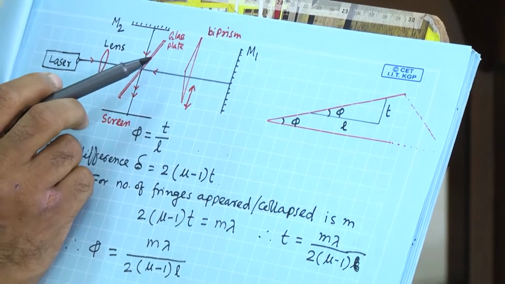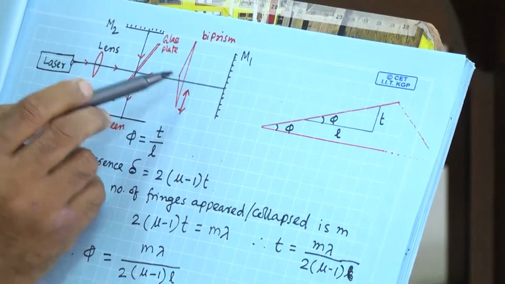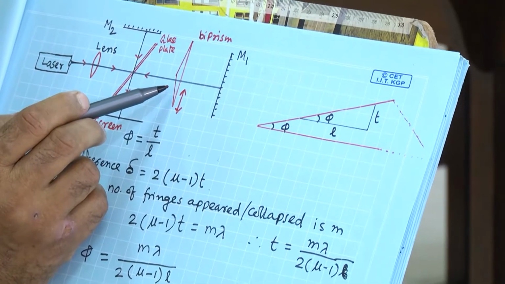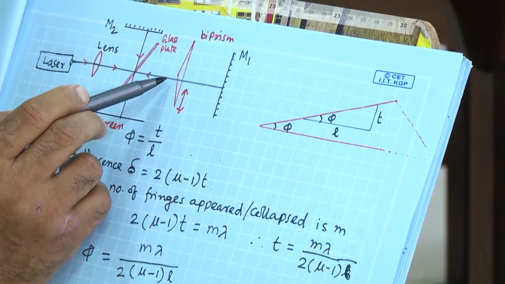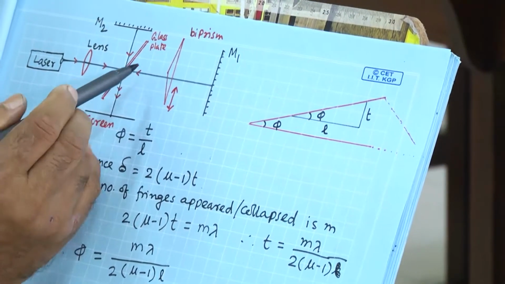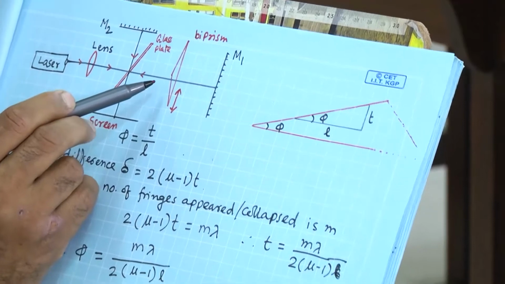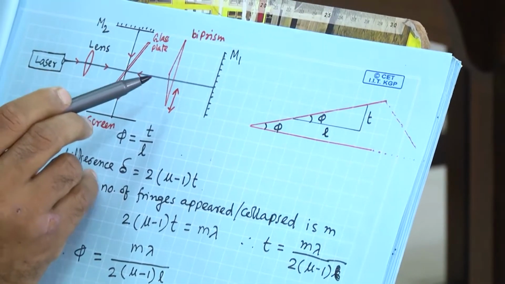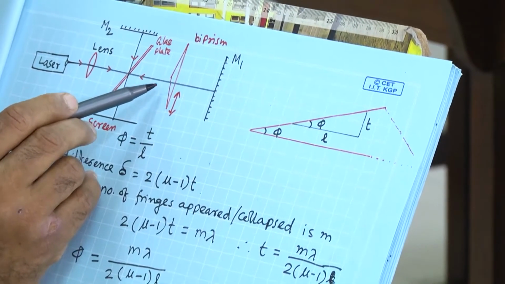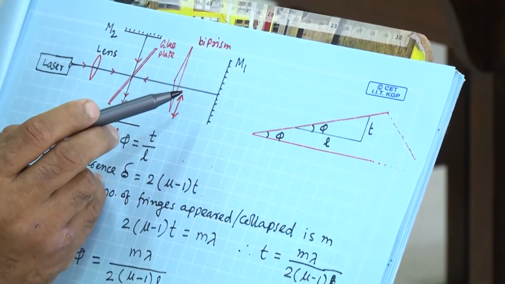Okay. Because of the presence of the biprism, what will happen? An additional path difference will be introduced, and that additional path difference is mu t minus t.